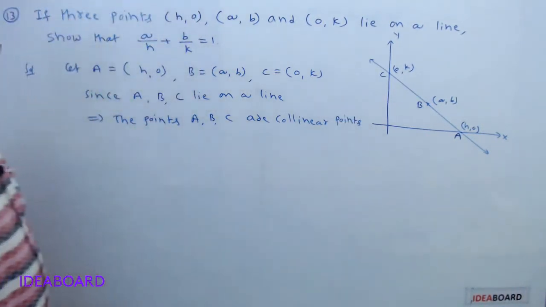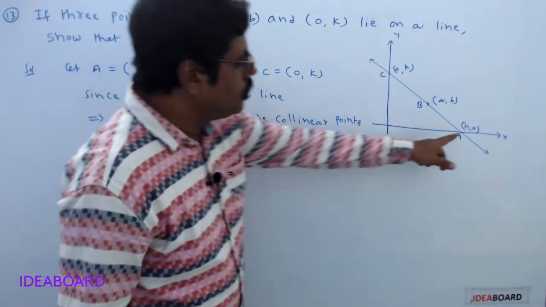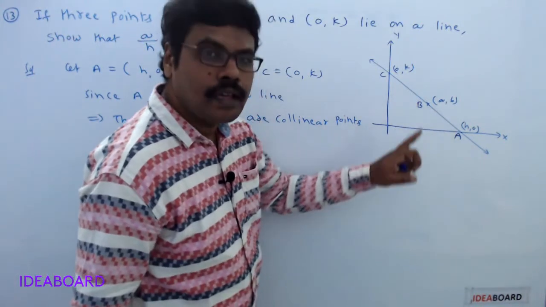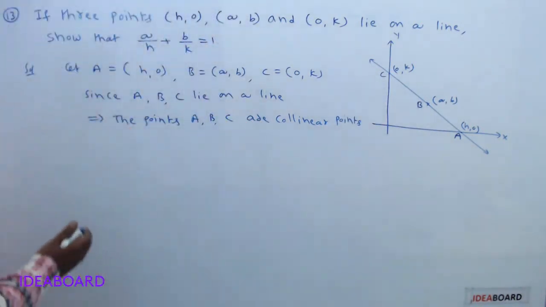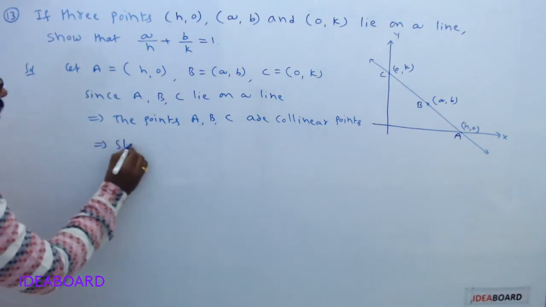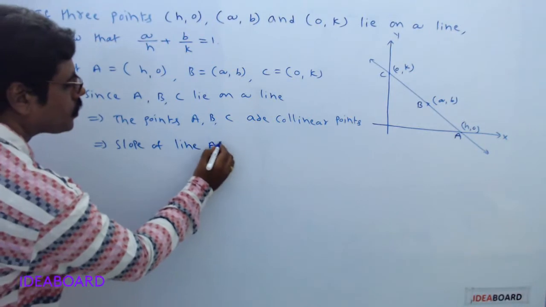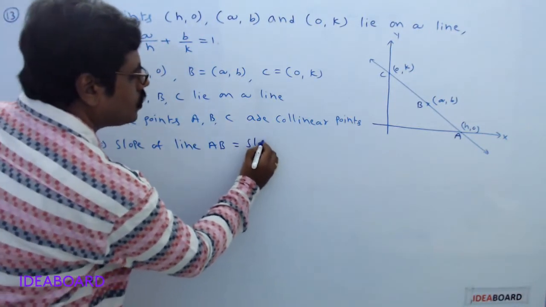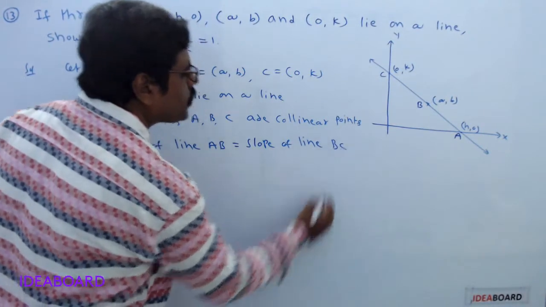So if 3 points are collinear, their slopes are equal. It means slope of line AB is same as slope of line BC. Use that condition. Slope of line AB is same as slope of line BC.